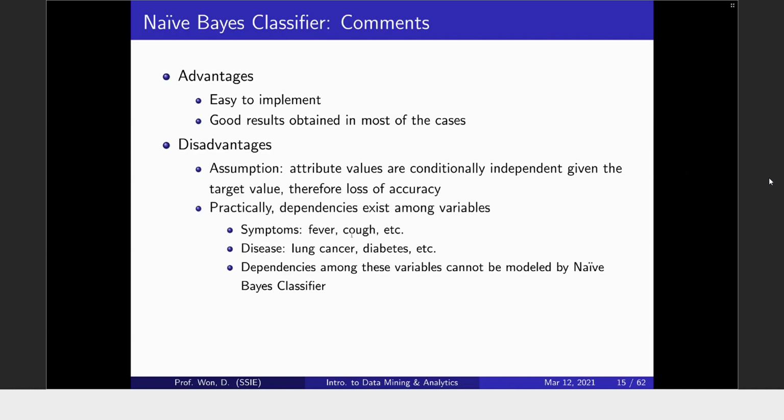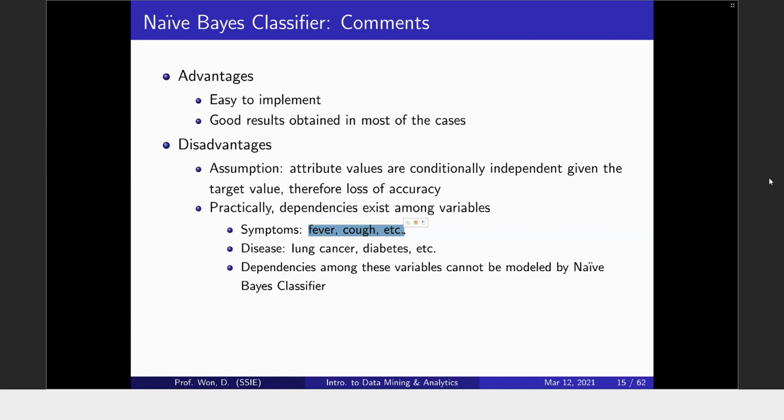This kind of dependency cannot be considered in the Bayes classifier. So the best practical tip when considering the Bayes classifier is, when you have a data set, always check the dependency or independence across all the features.